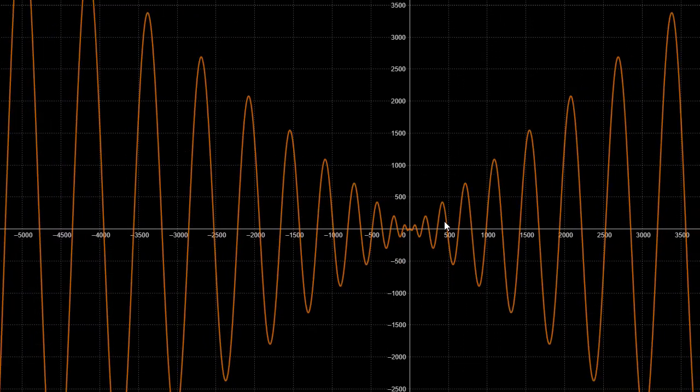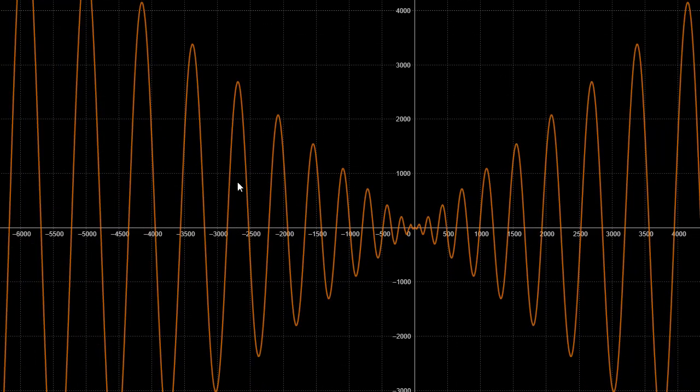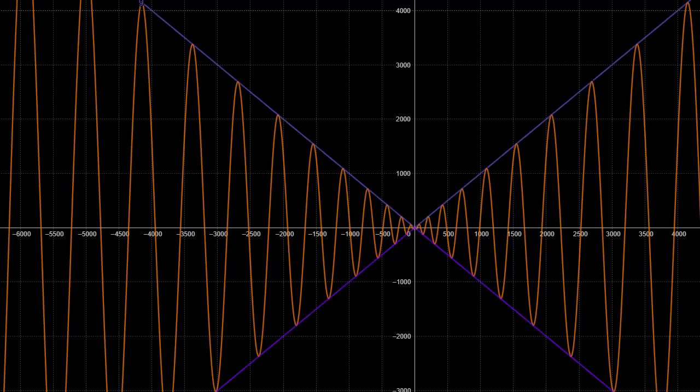Oh, okay. Well, this still does not exist because part of the graph is going to positive infinity, but the other part is going to negative infinity. Okay?